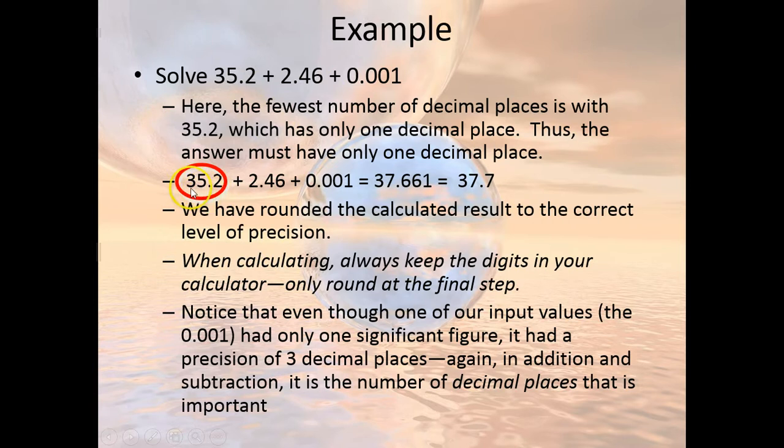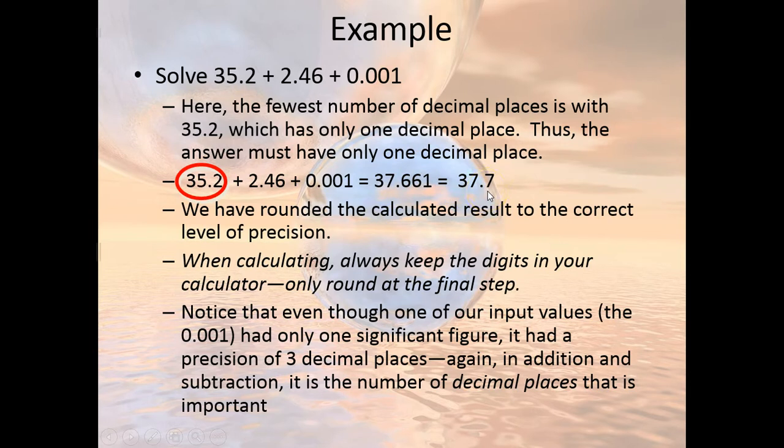Since this was rounded to the nearest tenth, and these others were rounded to levels more precise than that, the result is only going to be good to the nearest tenth. Yeah, these other two numbers came from other numbers that went into the calculation, but this rounding right here to the nearest tenth means that a nearest tenth error was introduced, which means this is only good to the nearest tenth. So this needs to be rounded to 37.7.